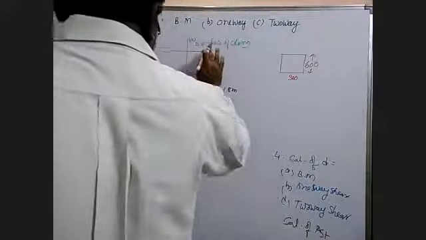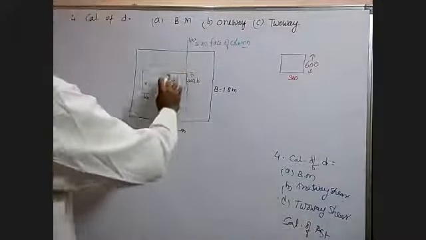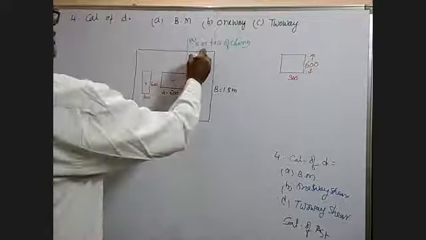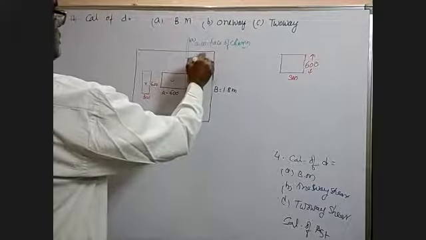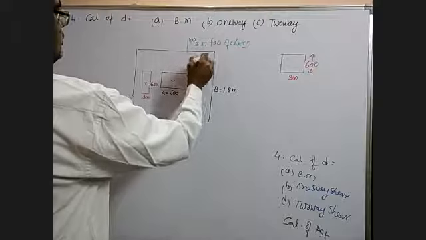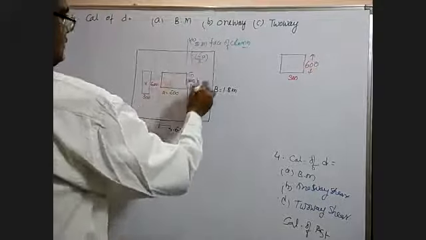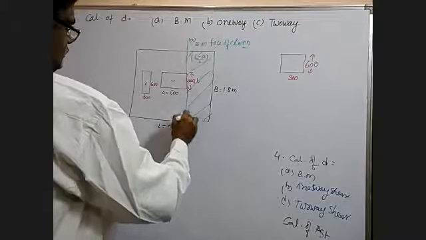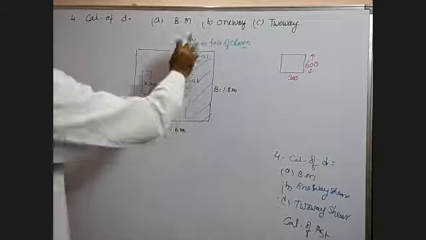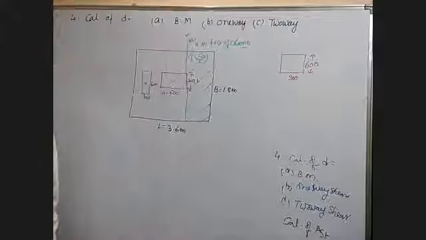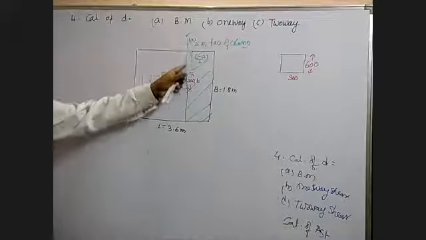So we have taken this is L, this is L minus A by 2, so this is the critical section. At this point the bending moment critical section develops and the failure takes place at this point.